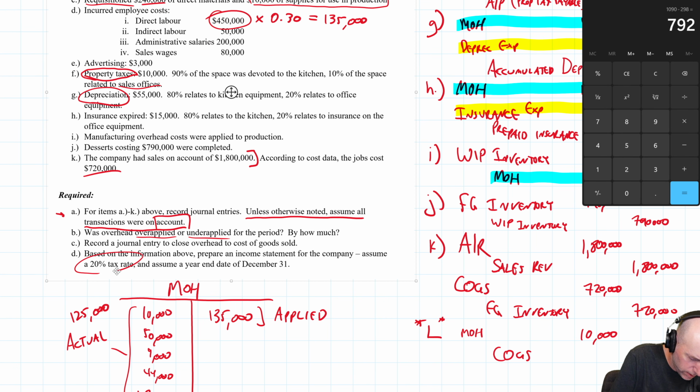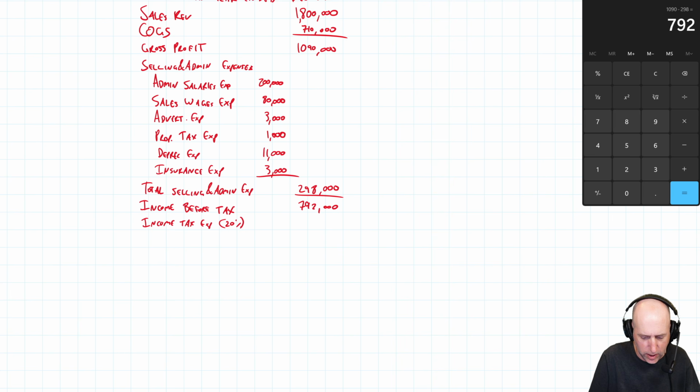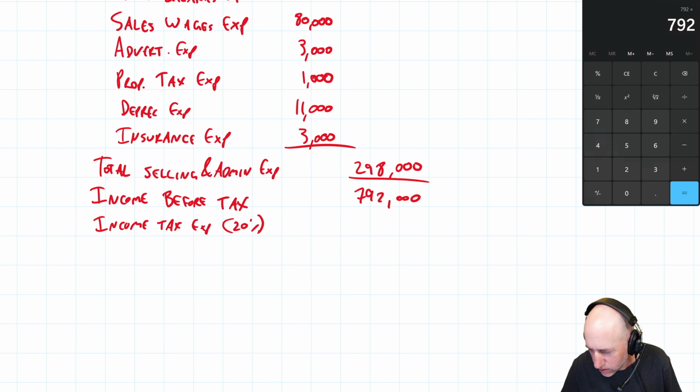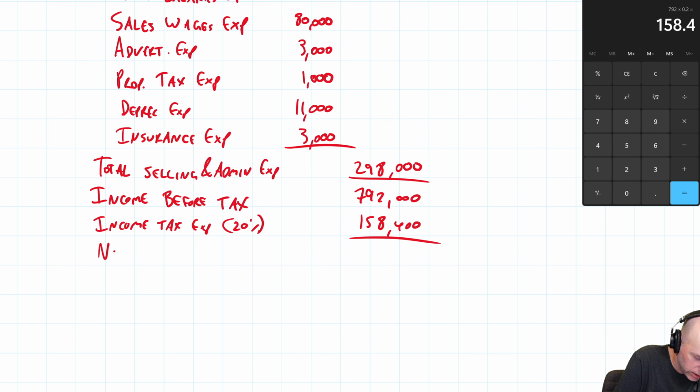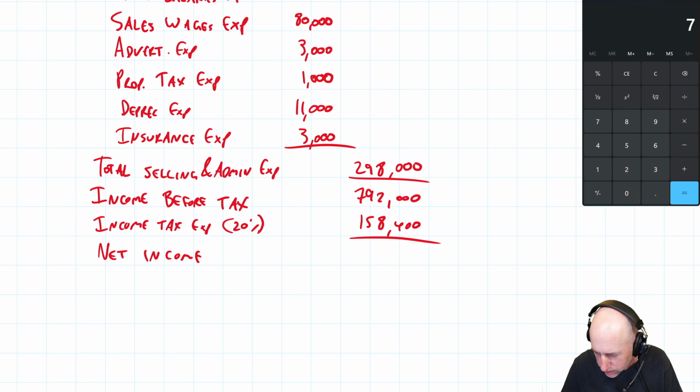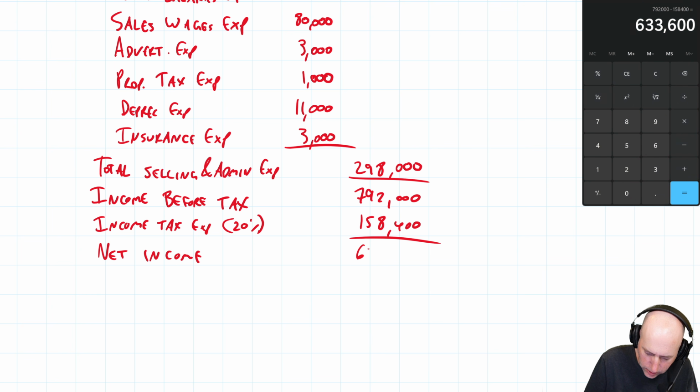Yeah, it said assume a 20% tax rate, so 20% of our pre-tax profit here, 792 times 0.2, 158,400. That brings us down to our profit, our net income here, which is 792 minus 158,400, 633,600.